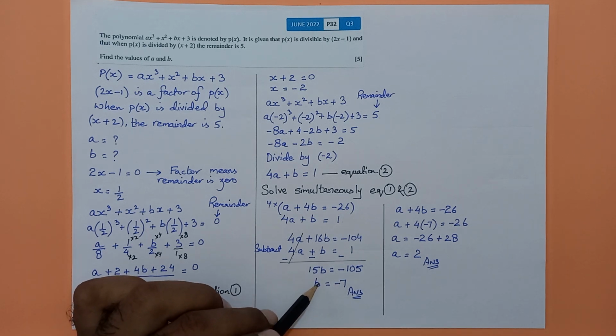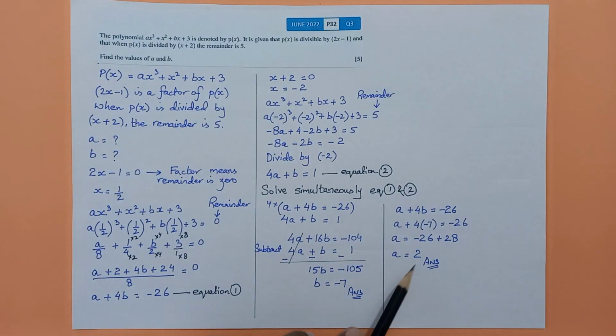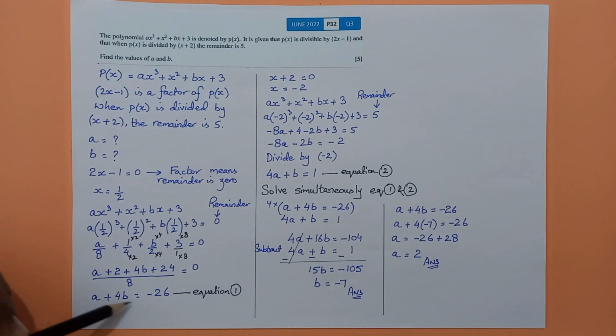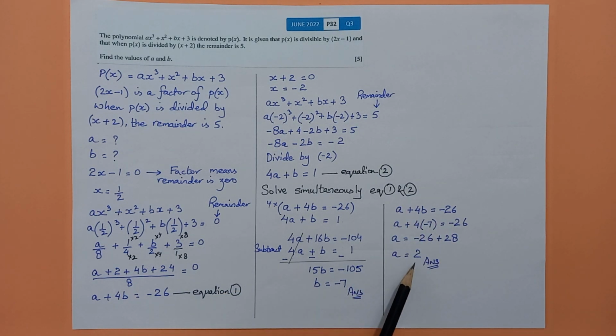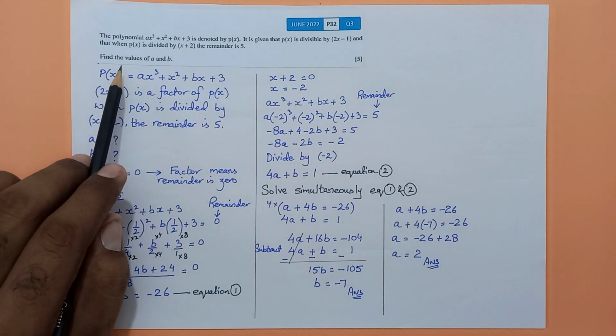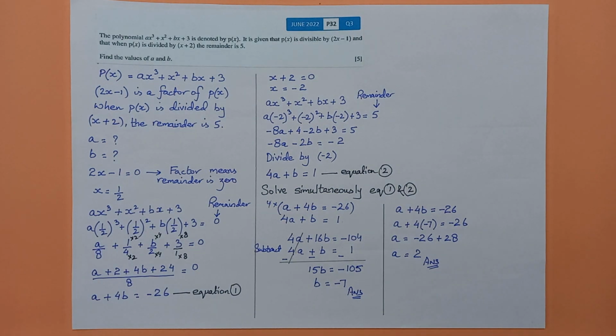Place this value of b in either equation to get the value of a. If we take a plus 4b equals negative 26, place the value of b as negative 7 over here, just simplify it and get the value of a. So finally we have got the values of a and b, because it was asked in the question to find the values of a and b.